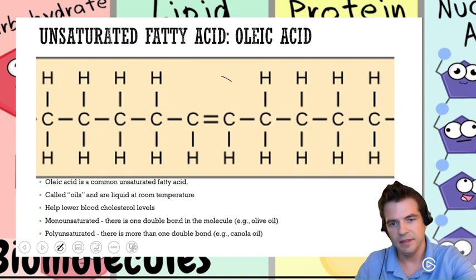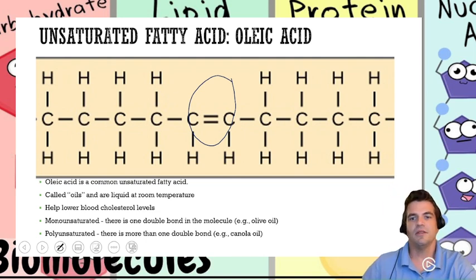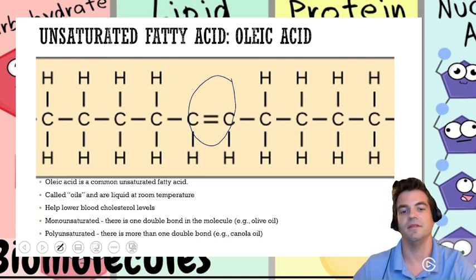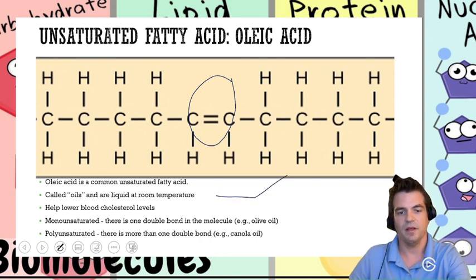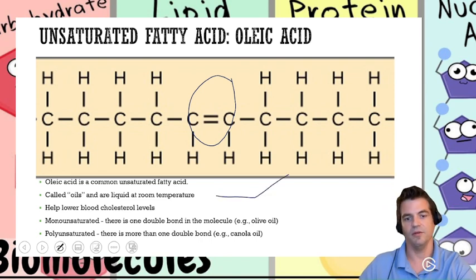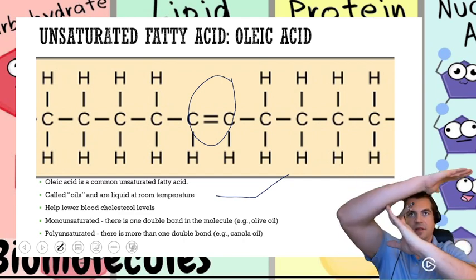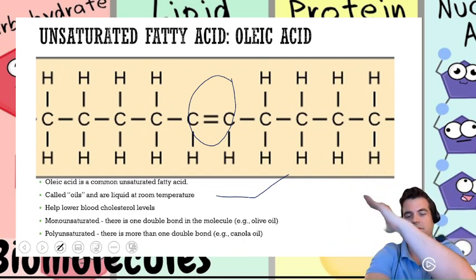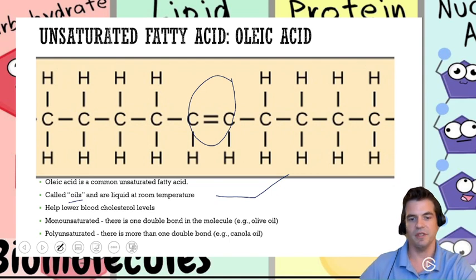And like I said, if you see this double bond here, that is called an unsaturated fatty acid. No longer saturated with hydrogen, it is unsaturated, and this will actually form a kink in the molecule, and all those kinks prevent the flatness of the molecules from laying on top of one another, and these are called oils at room temperature because they stay liquid.